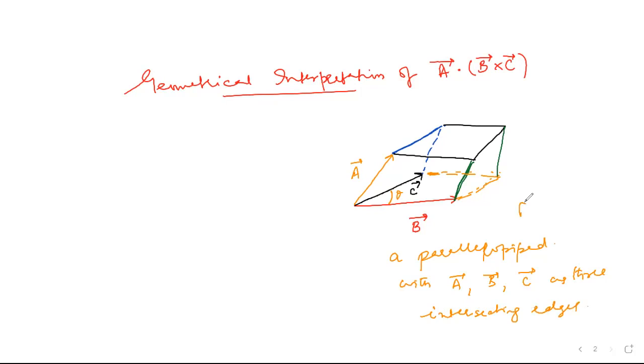This figure, which I named figure 1, shows a parallelepiped with vectors A, B, C as three intersecting edges of the parallelepiped.